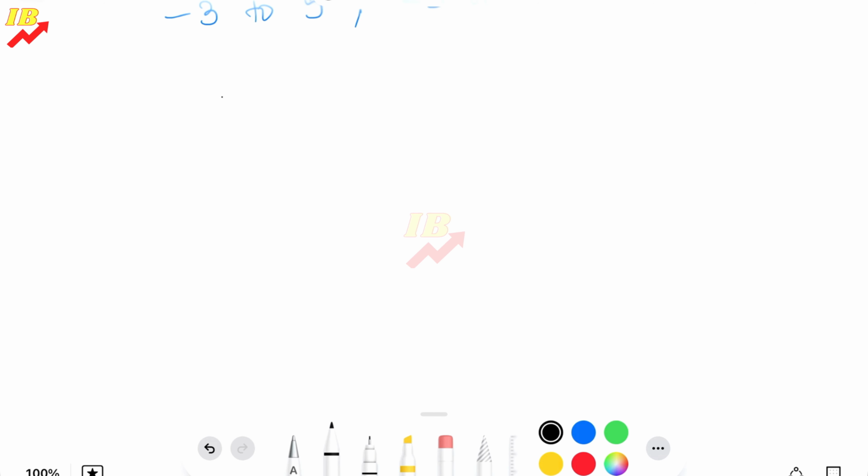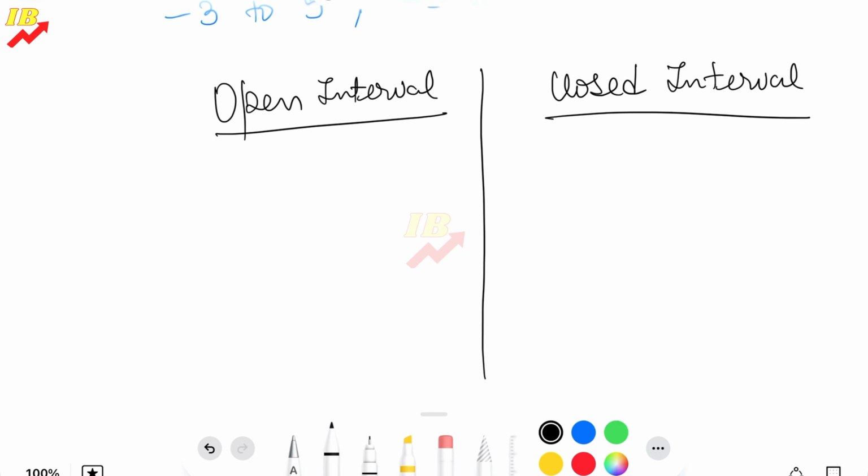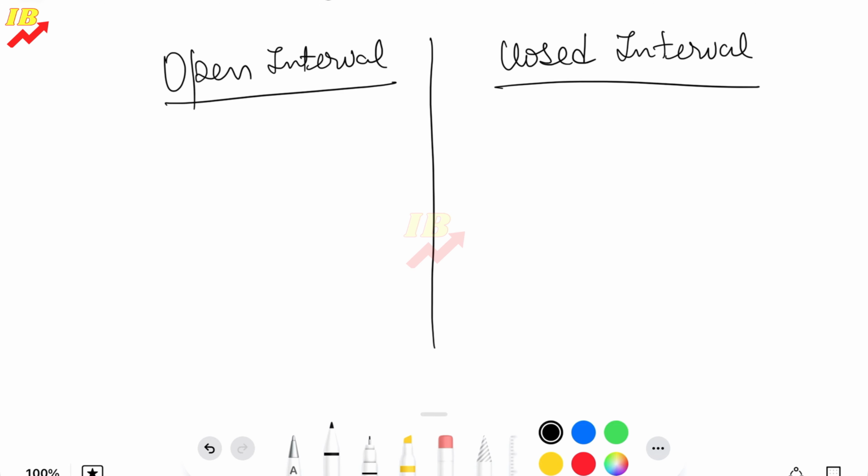So there are two types of intervals. One is called open interval. One is called closed interval. I'm just going to classify these two in front of you, and I'll tell you what changes we observe in open and closed. So when we say open interval, let me show you an example.